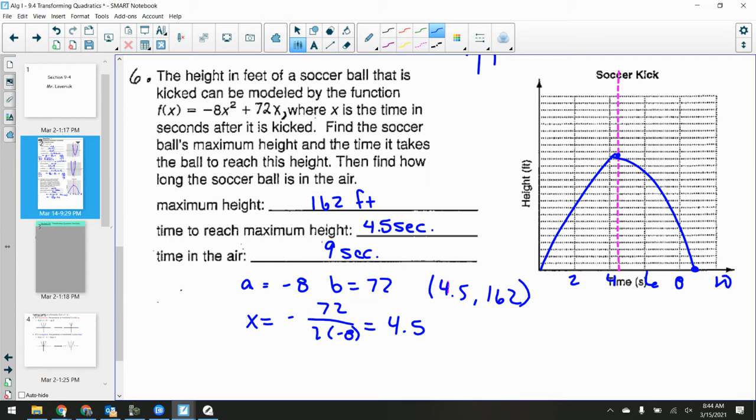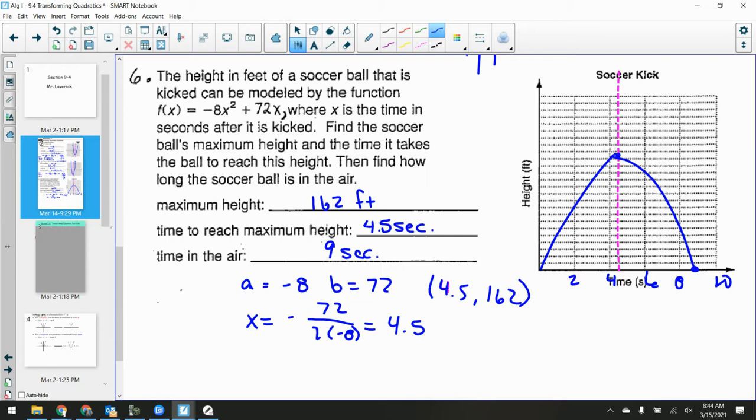So transforming quadratics. What we got today? Transforming quadratics. All right.